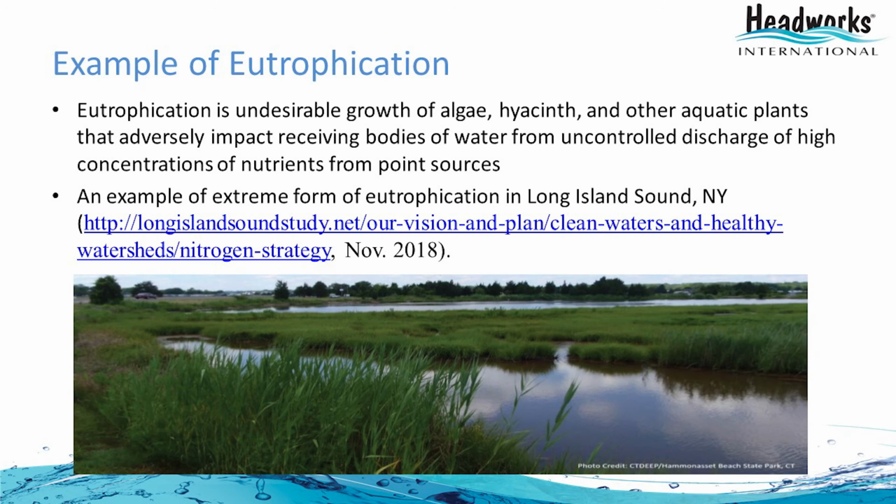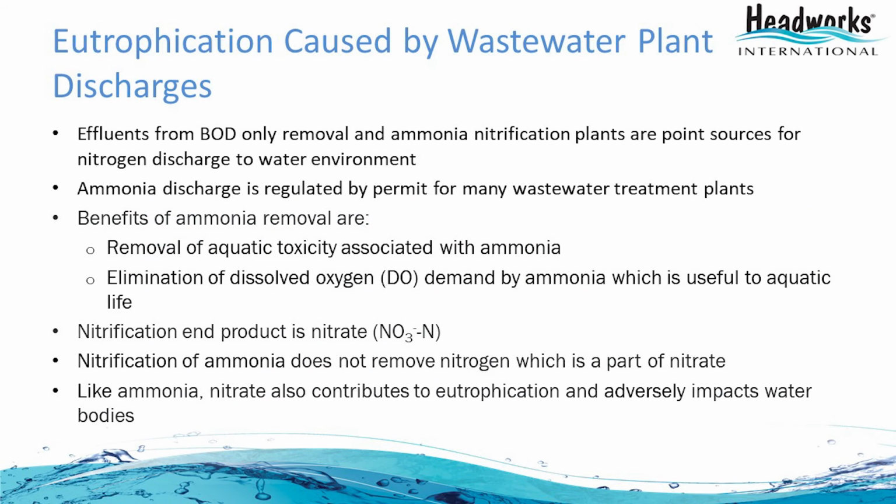I was talking about eutrophication, and this slide shows an example of its effects: what happens to pristine water bodies when there is uncontrolled discharge of nutrients and uncontrolled growth of aquatic plants. When there is a discharge from a wastewater treatment plant, if the plant is designed and operated for BOD removal only, then there is no removal of ammonia.